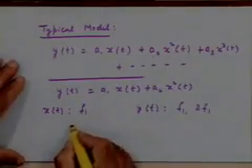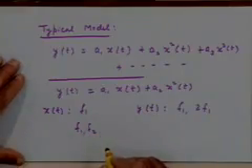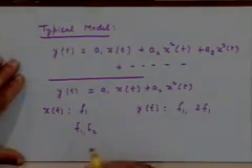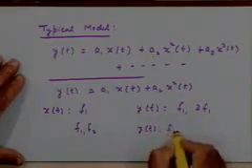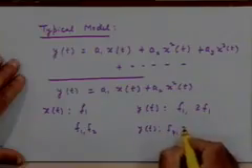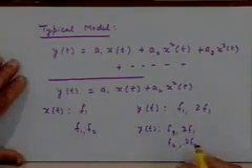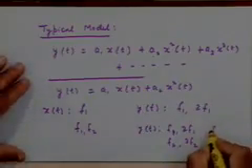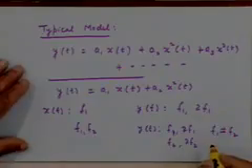Suppose now the input signal contains two components, f1 and f2. What will you have now? You will obviously have f1, 2f1, and you will also have f2, 2f2. In addition, you will have f1 plus minus f2, right?